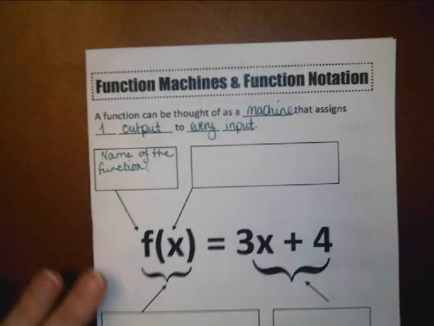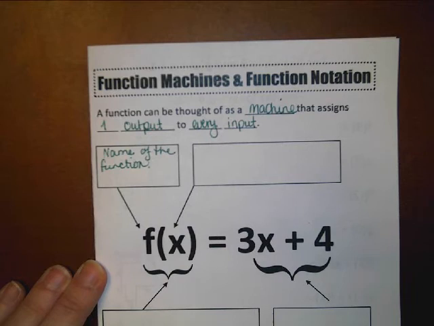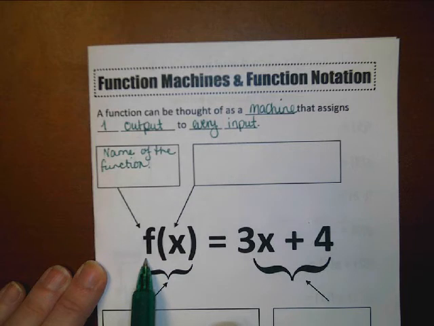I could use whatever letter I want. The most common are F, G, and H. If you're talking physics, maybe you have a D of T, distance as a function of time. So this F right here is the name of the function. It's just the letter that we've given to name the function.